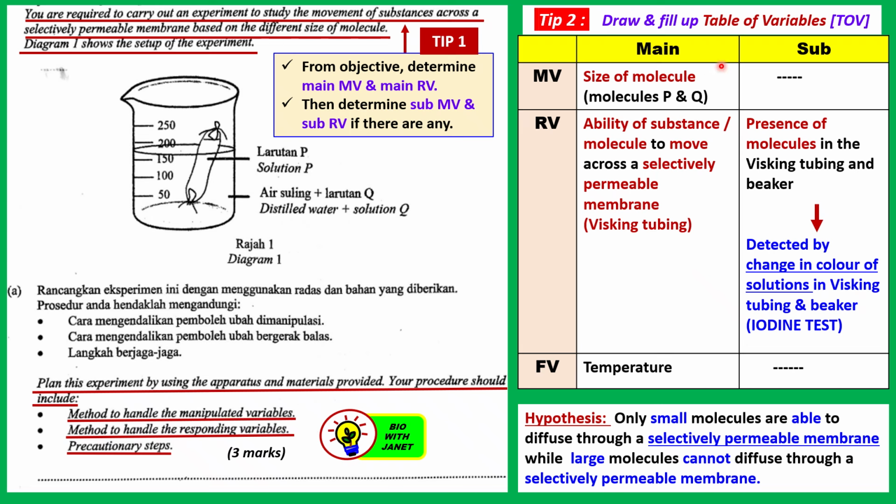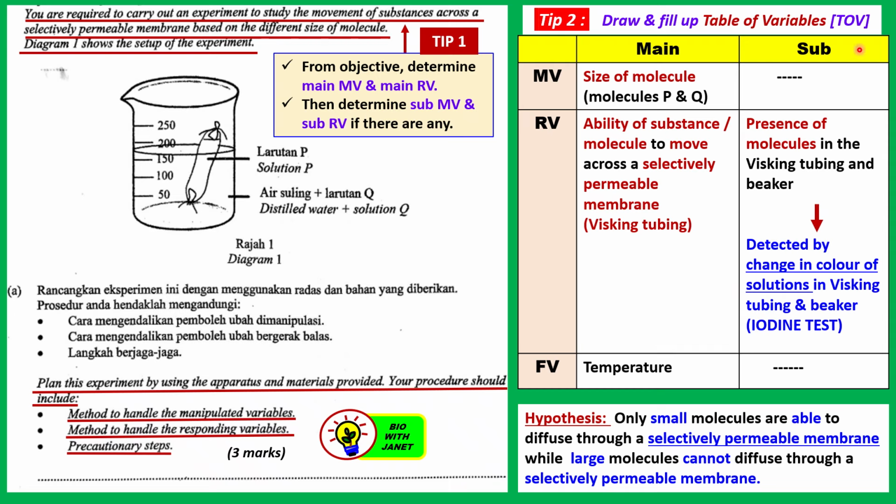By the way, these 3 variables are taken from the textbook too, so it's confirmed correct. And then the FV is the temperature as stated in the experiment in chapter 3. But the experiment in chapter 3 is a bit different from this one. I'll tell you later.